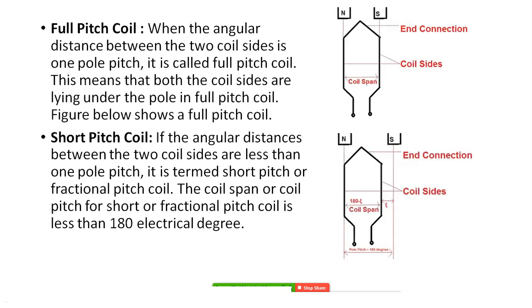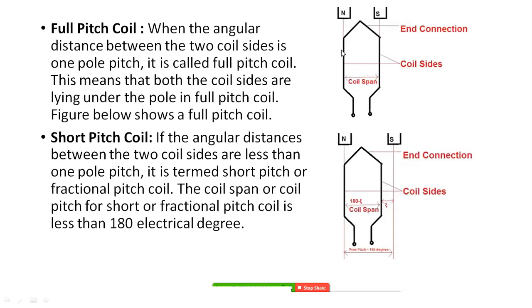One pole pitch means the distance between the north pole and the south pole. Clear? Now, if the distance between the two sides of the coil is one pole pitch, then it is called a full pitch coil.